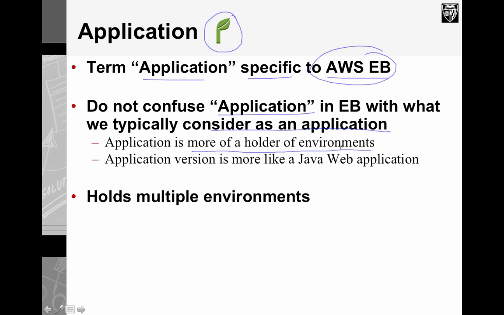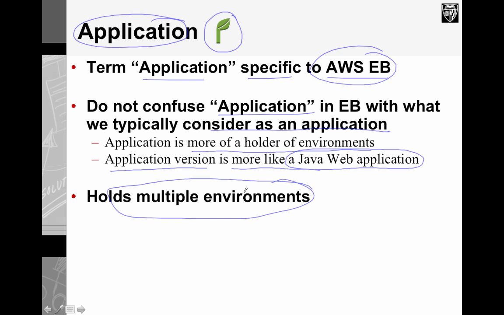It holds multiple environments inside it. So it's a higher level abstract entity. The term application version is more like an application, like a Java web application. So please remember that when we use the term application in Elastic Beanstalk, it's really not a regular application. It's actually something that holds multiple environments.